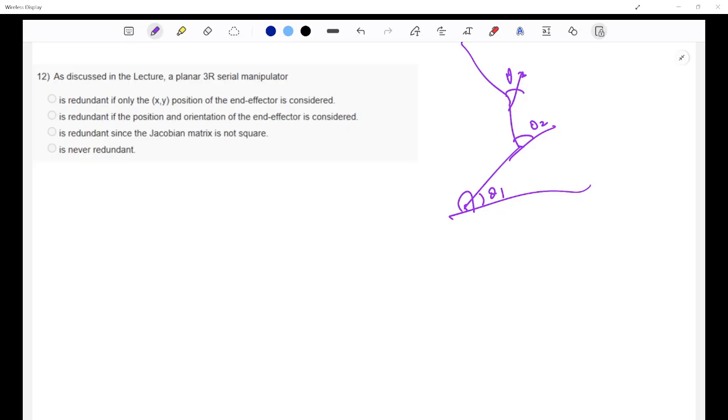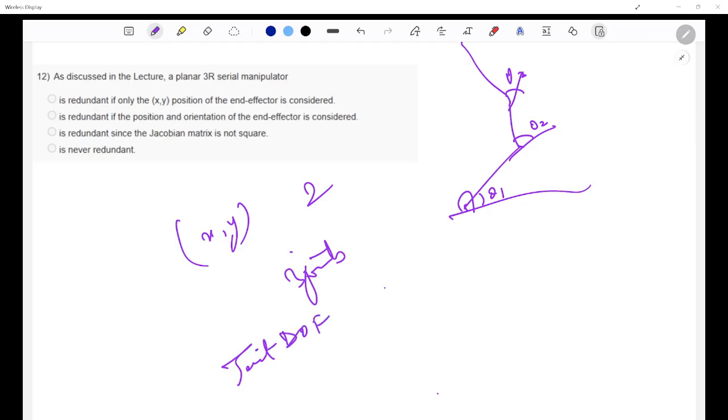Redundancy depends on the task. If the task requires only end effector position, which is x comma y, as in the first option, then our task dimension is 2, but the robot has 3 joints. So joint DOF is greater than task degrees of freedom. 3 is greater than 2, hence infinite joint solutions exist and the robot is redundant.